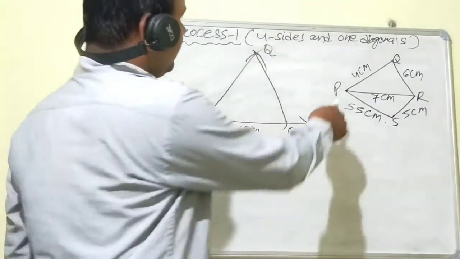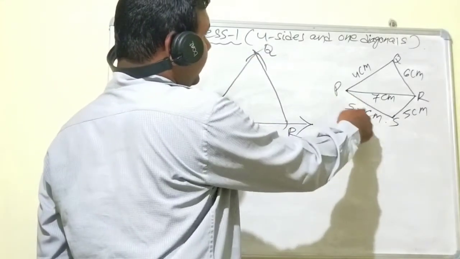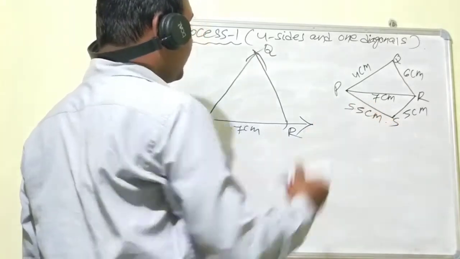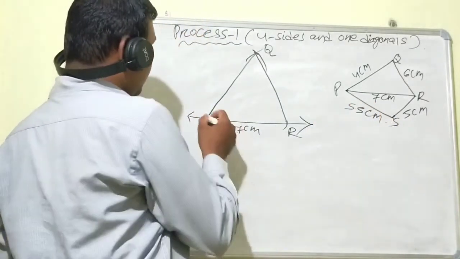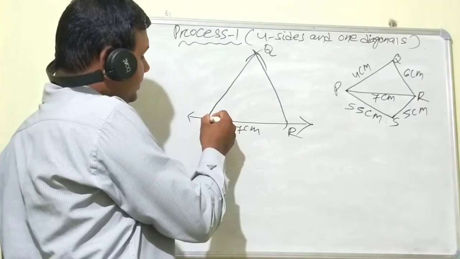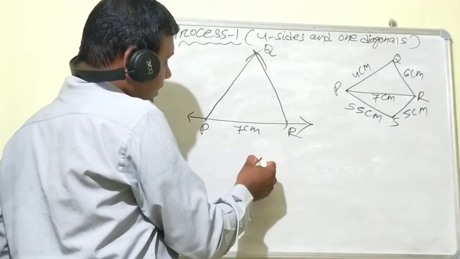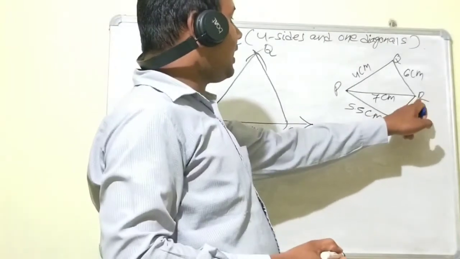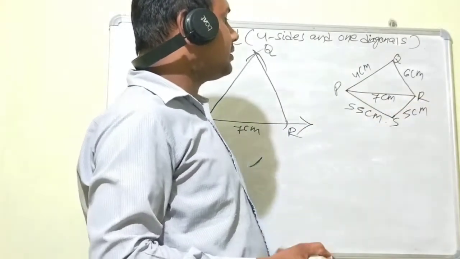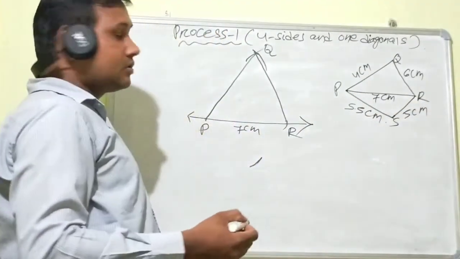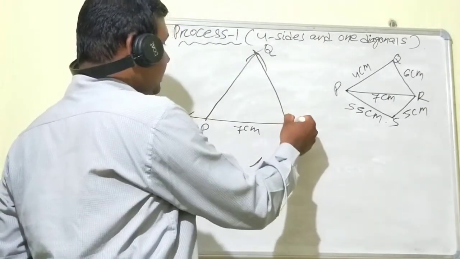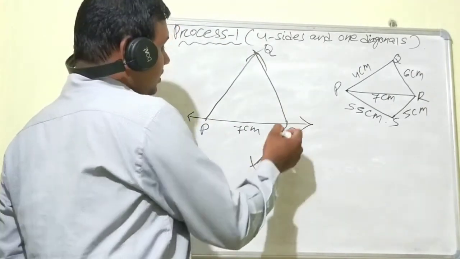Next step, we take the measure of PS, that is 5.5 centimeter, keep the compass tip at P and cut it downwards. Again we measure RS, that is 5 centimeter, and keep the compass tip at R. Then cut it.